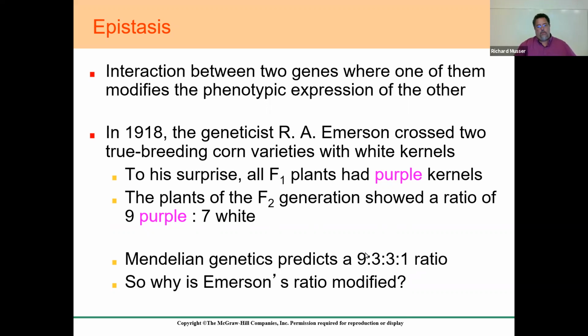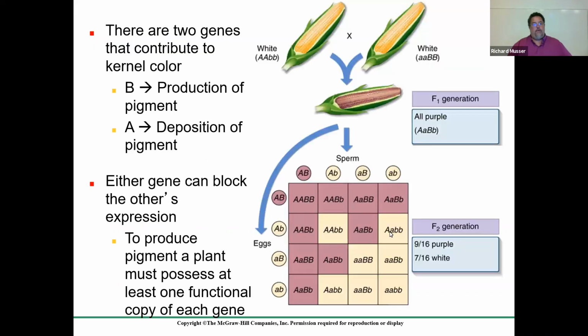And so what was the reason for this modification? Well, again, there are two genes that contribute to kernel color. And again, what happens is it masks the appearance of Mendelian genetics. Here, instead of just looking at two different genes, A and B, for instance, you see in the case of this picture here, we have two white corn being crossed, and then all of a sudden we see a purple.